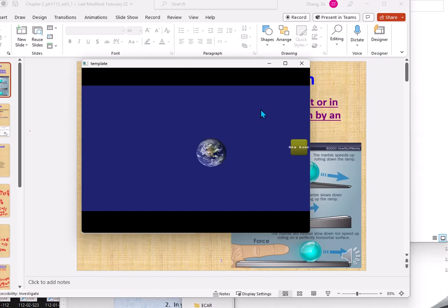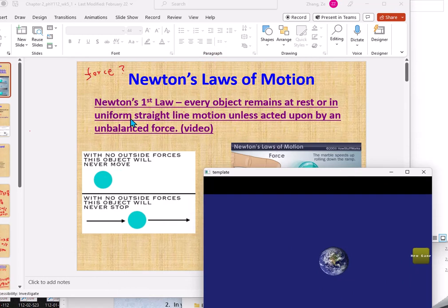So if the object, say a pencil or a vase on the table, is at rest and you don't bother it, it will not move. That's Newton's first law. Also, Newton's first law has a second clause saying if it is already moving in a straight line, it will continue to move forever.